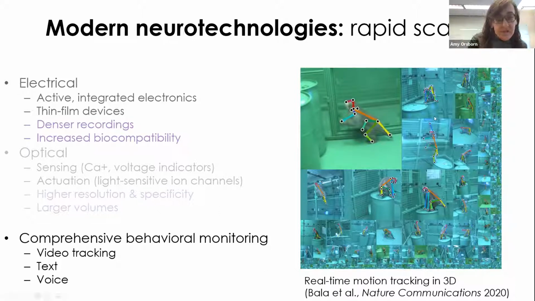This is just a snapshot of a paper that recently was published where they've developed these large arenas, and you can have many, many cameras and then track movements of monkeys in this case, as they move around this large volume and do really complex, rich tasks. And so the ways that we're tracking behavior are also expanding very rapidly and leading to large piles of data.